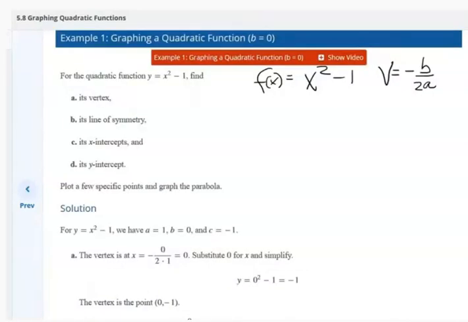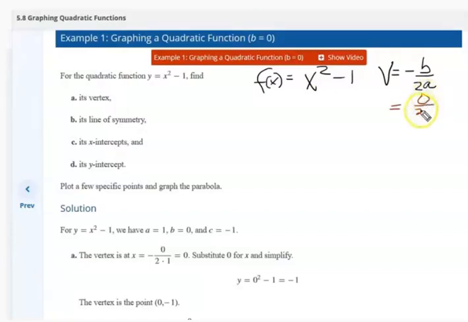Now, for example 1 in your notes, and we'll go back to red. Here, they're giving us y, but we could substitute f of x, and it's in standard form. We're asked to find the vertex. Our vertex formula is this, so we substitute. As we look at the equation here, there is no b value. So b is 0 over 2 times 1, which is 2.